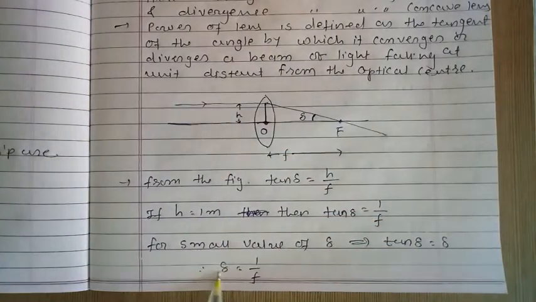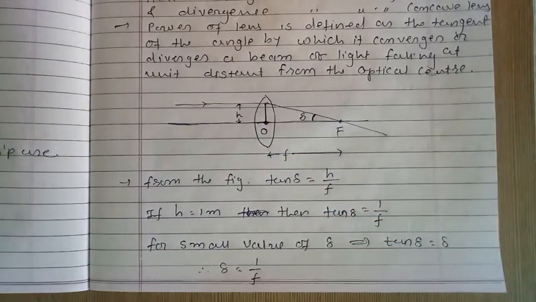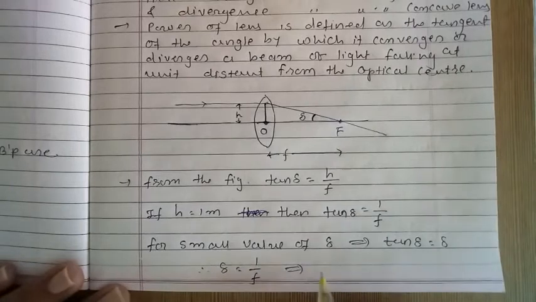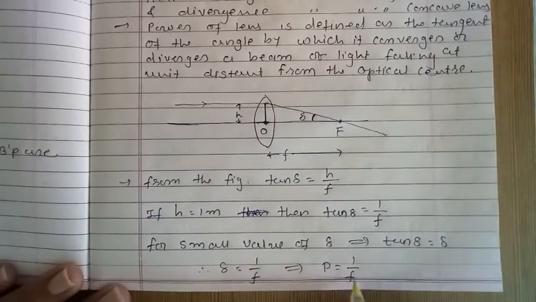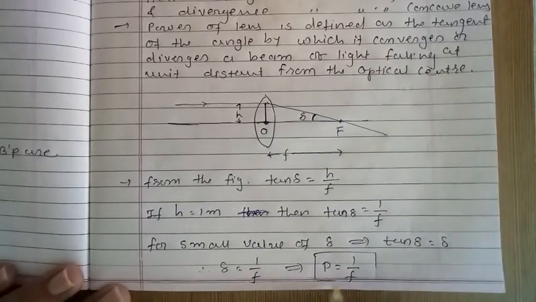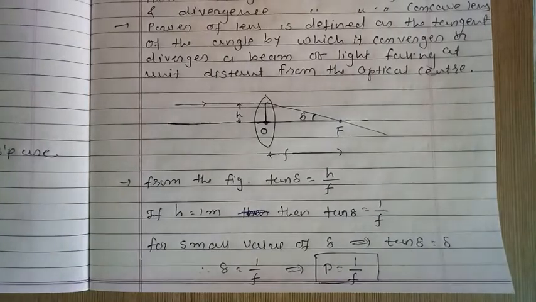So this tangent of the angle is known as power. So we can say that here P is equal to 1 upon f, and you have to remember this formula: power P is equal to 1 upon f.